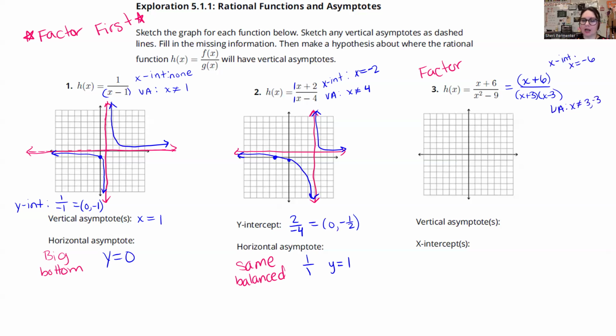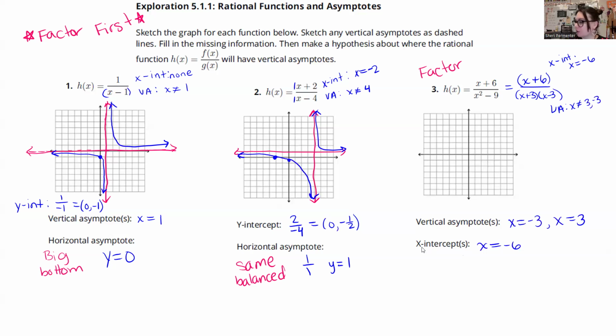Down at the bottom, it asks for my vertical asymptotes. The actual equations will be x equals -3 and x equals 3. My x-intercept, we already jotted it down at the top: x is equal to -6.